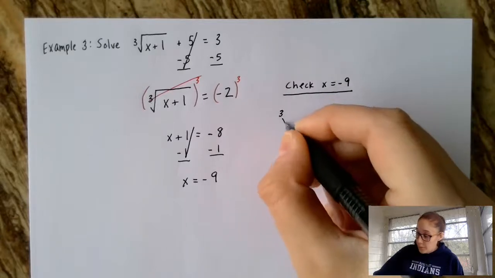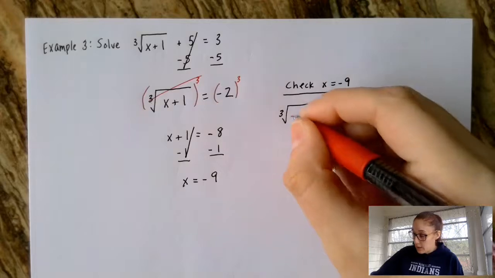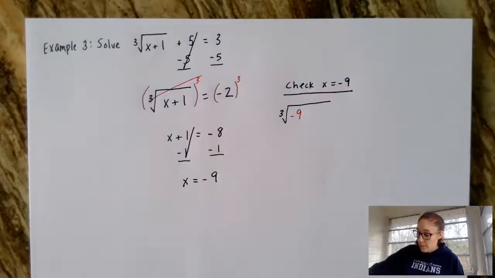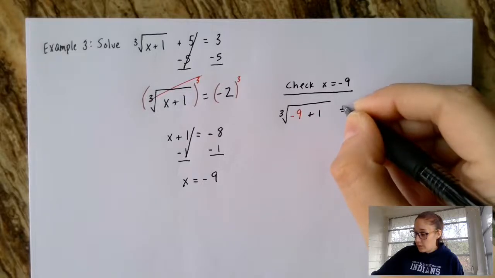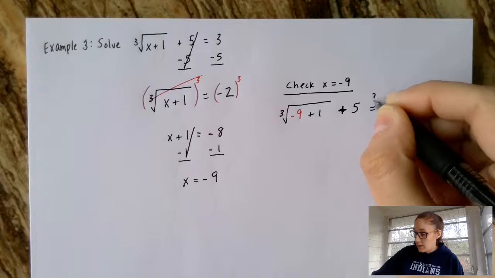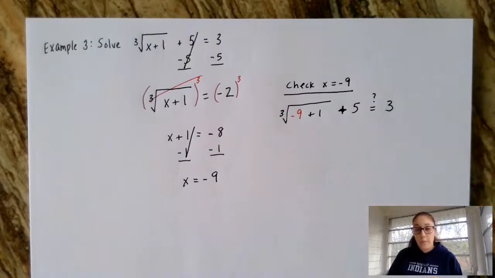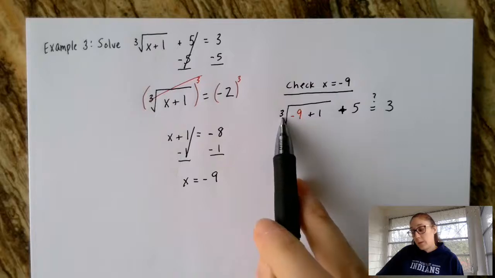So the cube root of, and where I see an x, I'm going to plug in a negative 9 plus 1, and we're going to, whoops, actually the original problem has plus 5. And we're going to see, does that equal 3? Alright, so don't be alarmed by this negative inside the radical because we're dealing with an odd index.